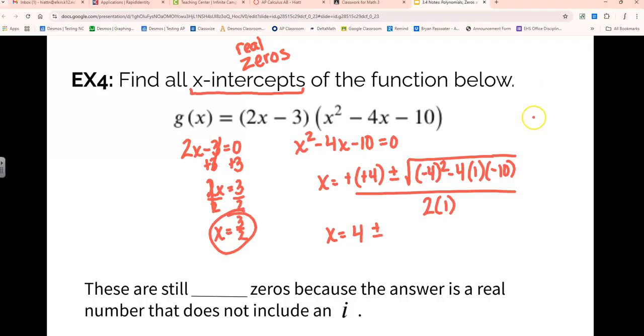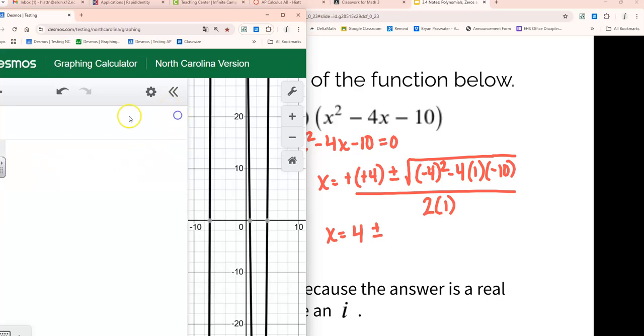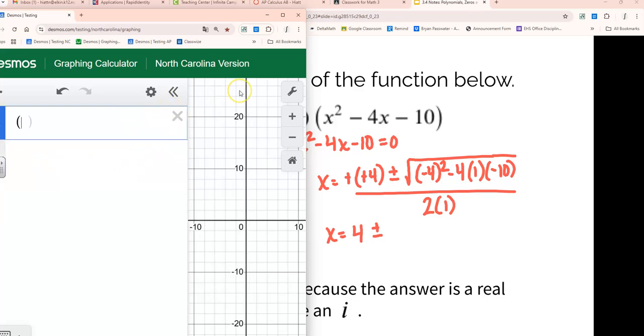Right here, I've got negative 4 squared minus 4 times 1 times negative 10. It's going to be 56 if you can do it in your head, but if not, skip over here to Desmos, just type it in, negative 4 squared minus 4 times 1 times negative 10, we'll get 56.